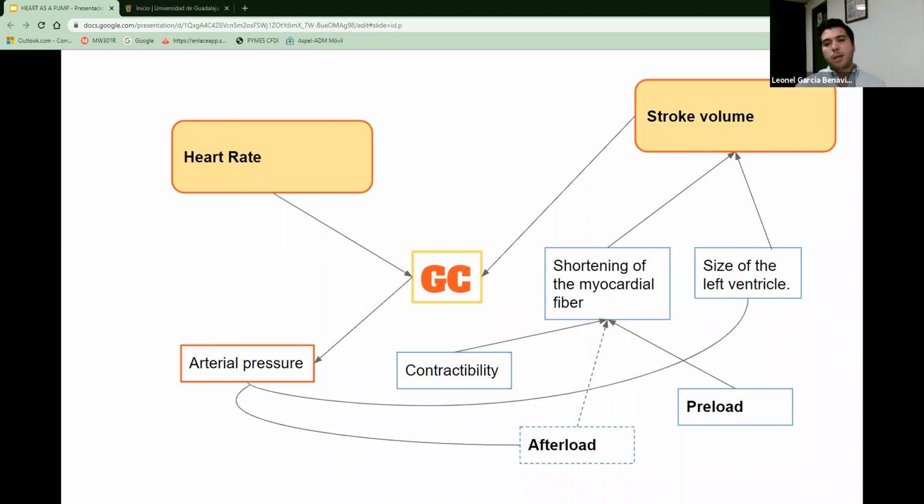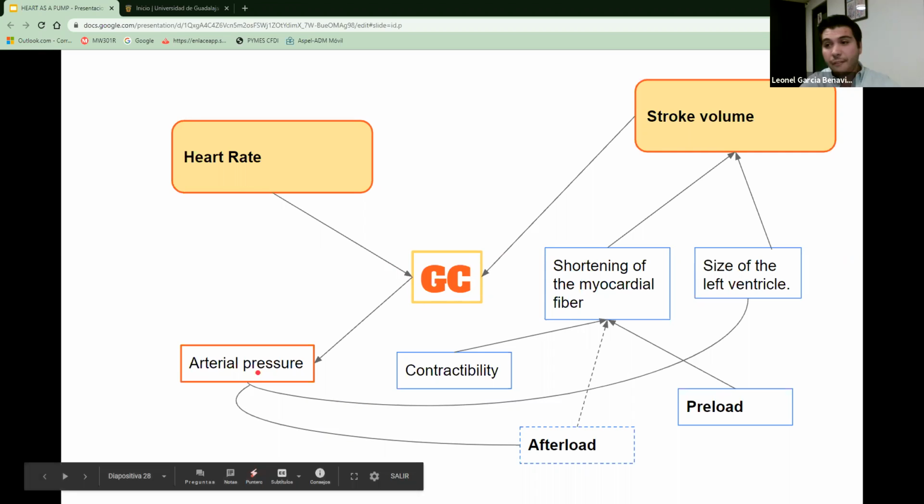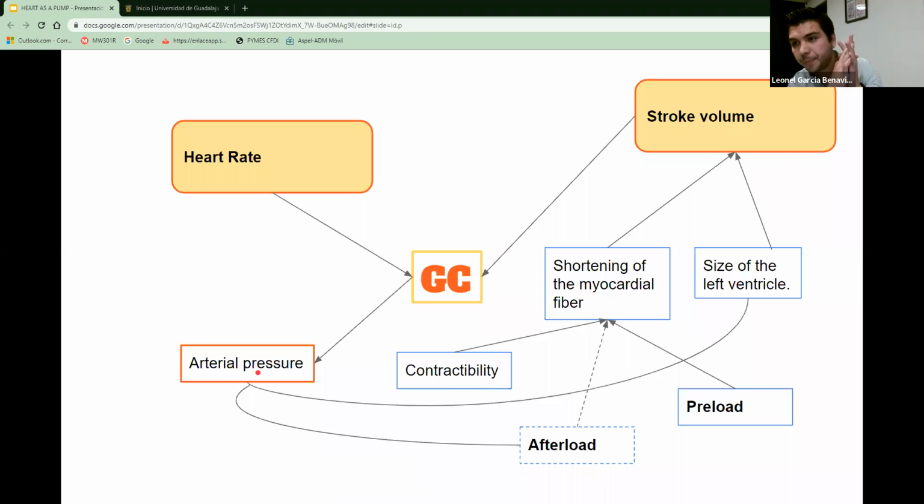So if we have a stroke volume of 70 and a heart rate of 100, we're gonna be pushing around 7 liters of blood. Then the cardiac output is also gonna determine the arterial pressure. If we have a higher cardiac output, then we're gonna have more blood pressure in the vessels.